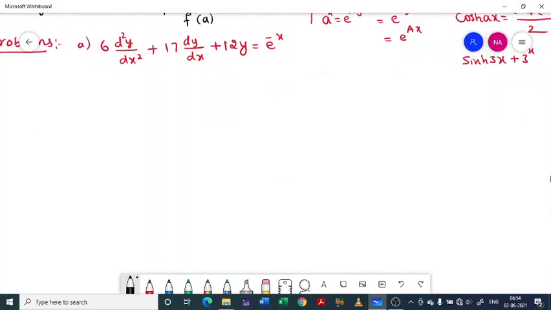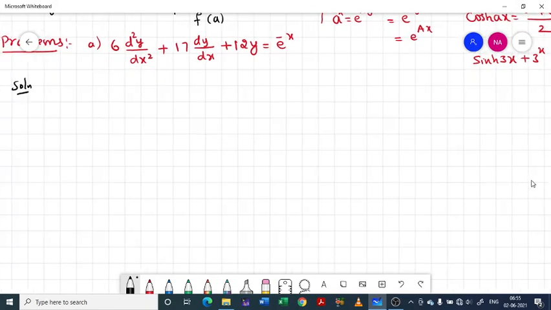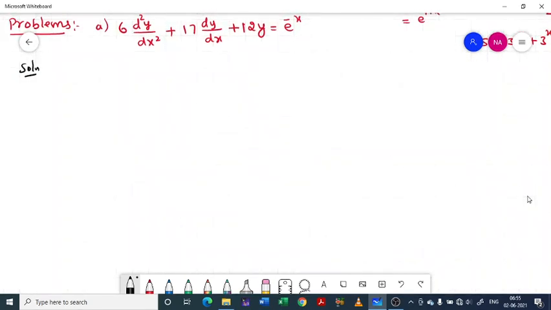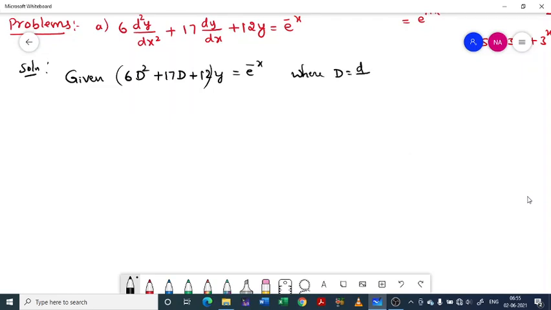Now let us come to the solution of the first equation. Solution. Given 6D square plus 17D plus 12 times y equal to e power minus x, where D stands for d by dx, and a is minus 1.